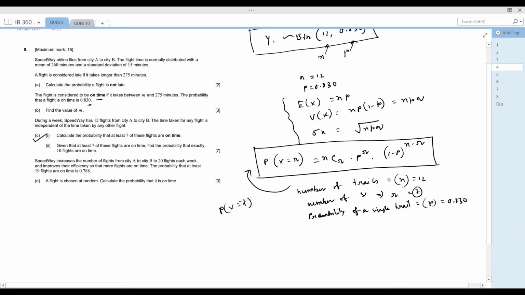Now, given that at least 7 of these flights are on time, find the probability that exactly 10 flights are on time. So again you can do that, exactly 10 flights. It will be P of X equals 10. You need to find P of X equals 10 from this formula again, but I will give you the graphical representation. So again see the graph.